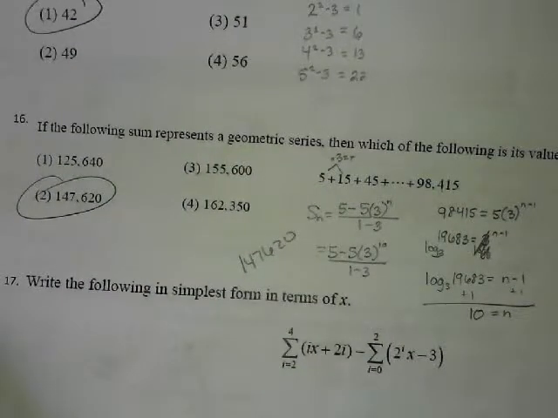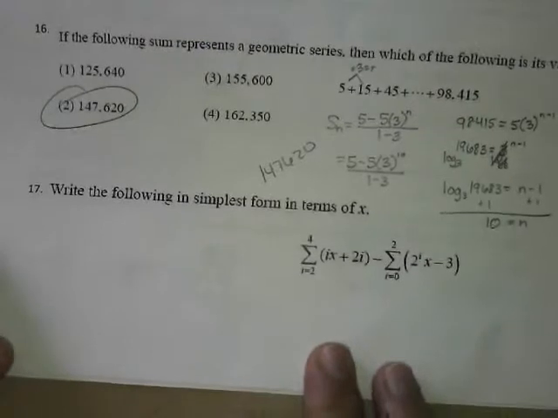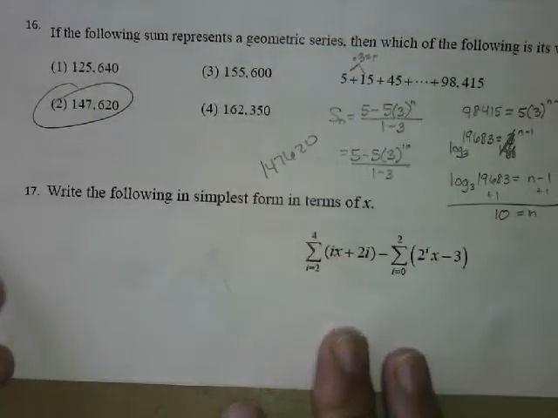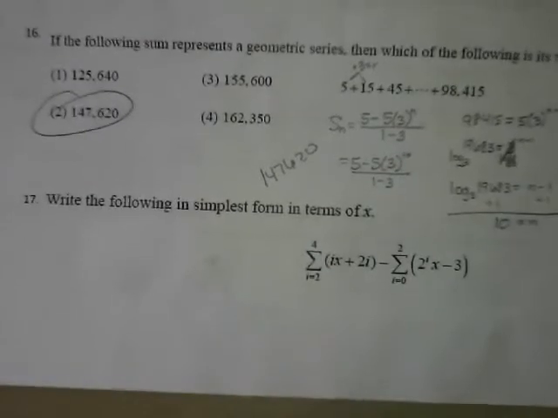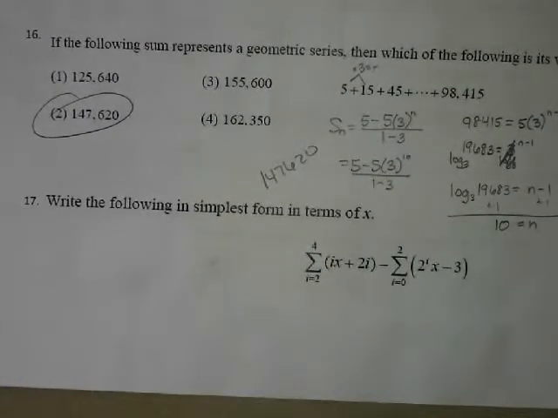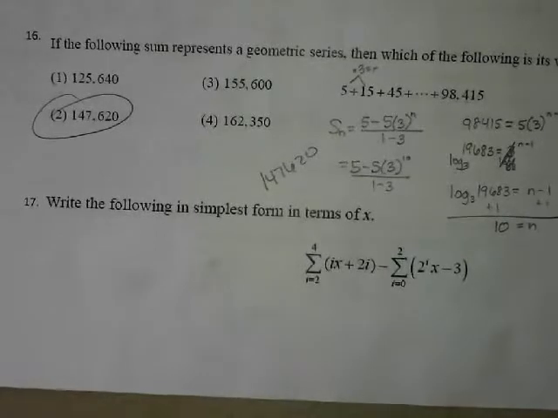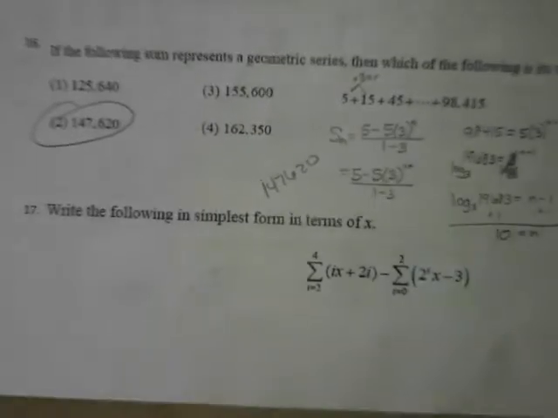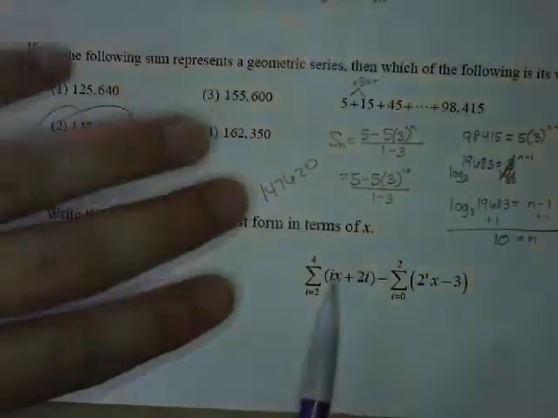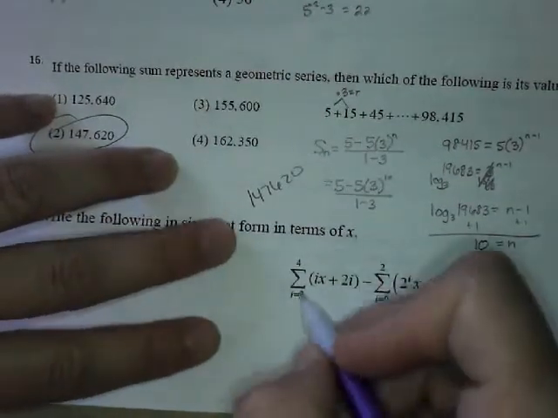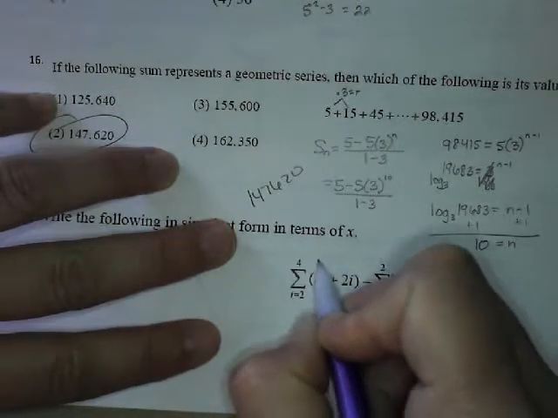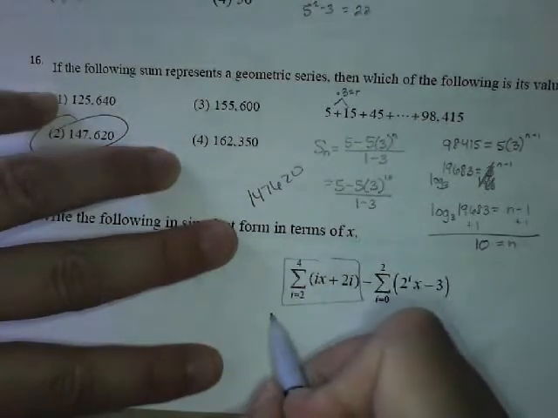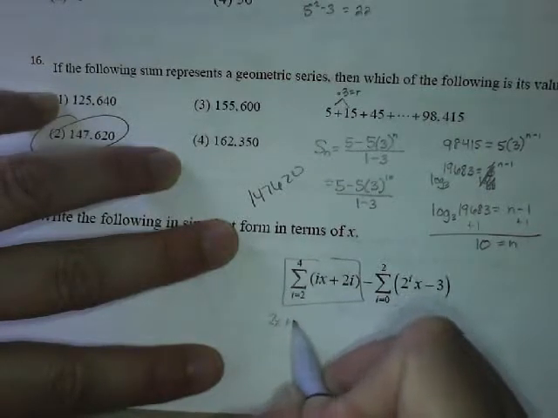All right, and then on this last one, writing this in simplest form, okay? So here your calculator is not going to be of any use. So you just have to know the basics of how to do summation notation. So we plug in a 2 for i, and then a 3, and then a 4 for this part. So that would be 2x plus 4, when I plug in 2.